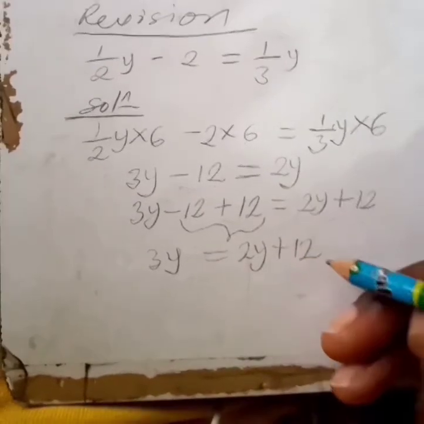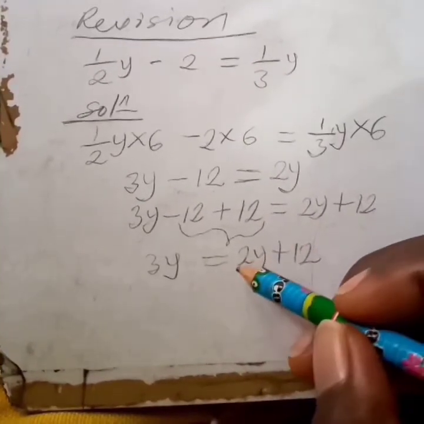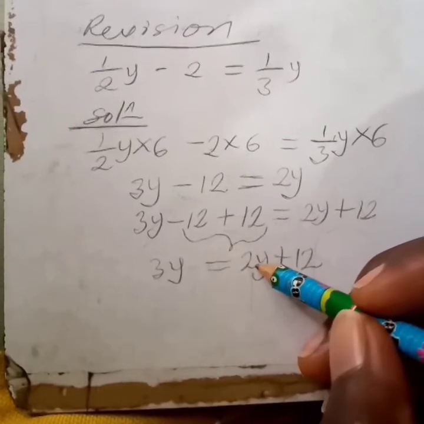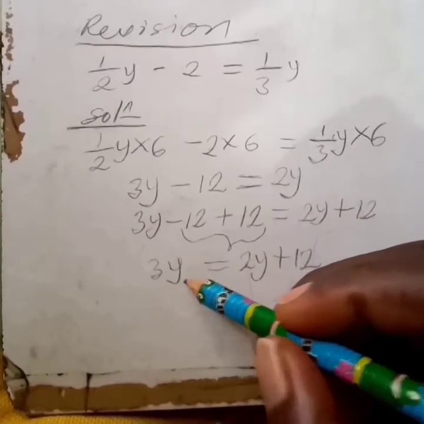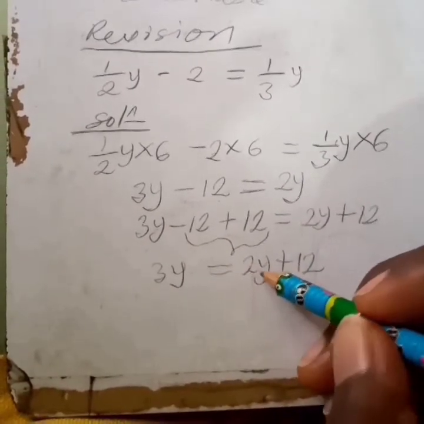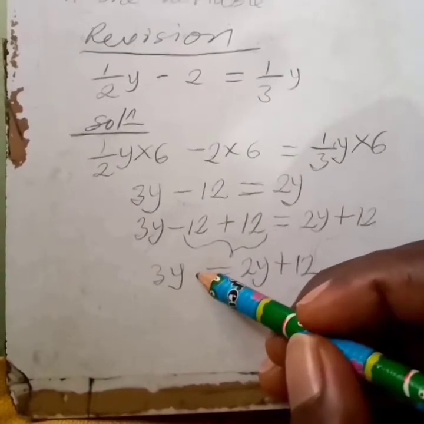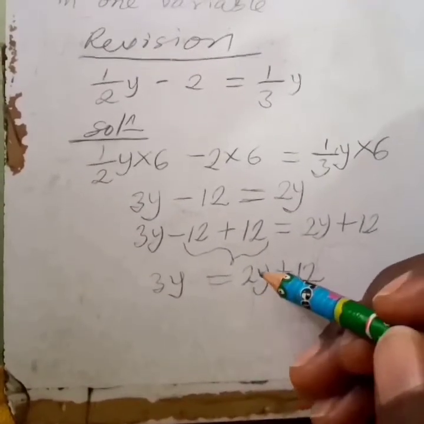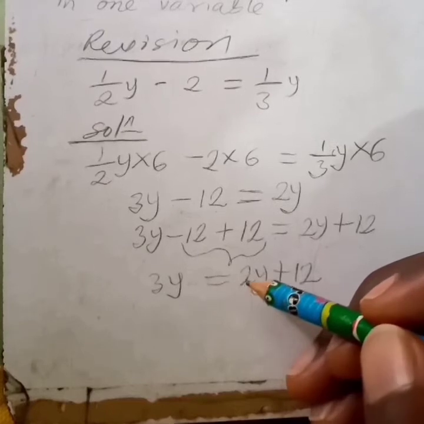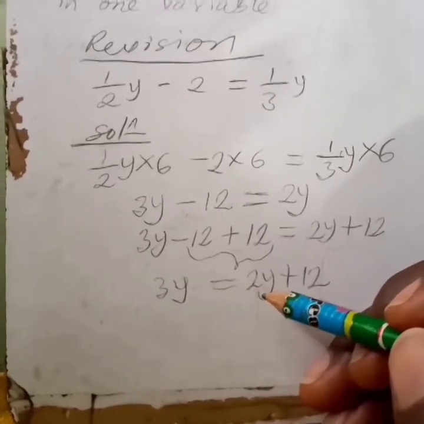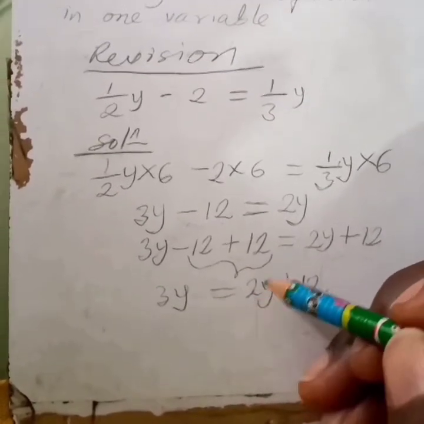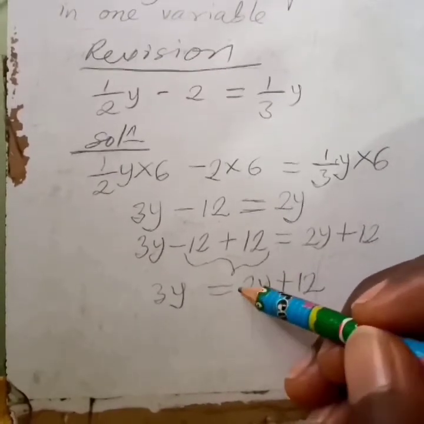Now, we want to bring this 2y to the left side of the equation. And this can be done by subtracting 2y, because the 2y is positive.